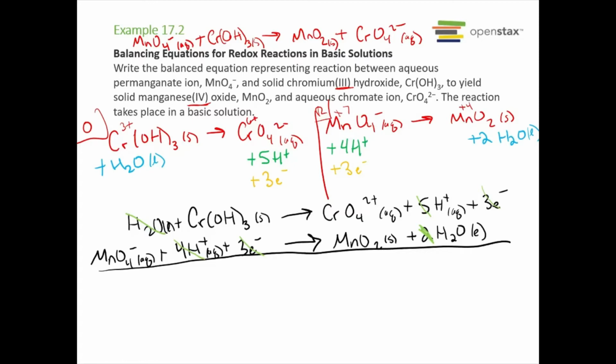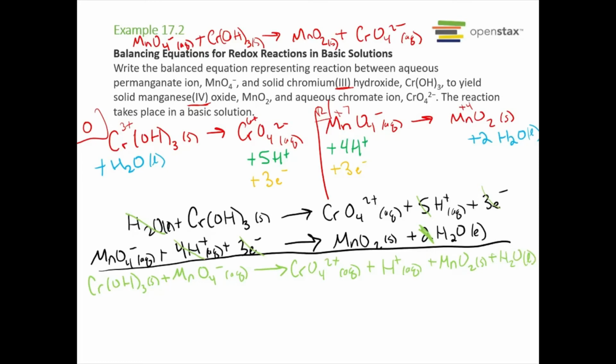So that leaves us, at the moment, CrOH3 plus MnO4 minus going to CrO4 plus H plus MnO2 solid plus water liquid.